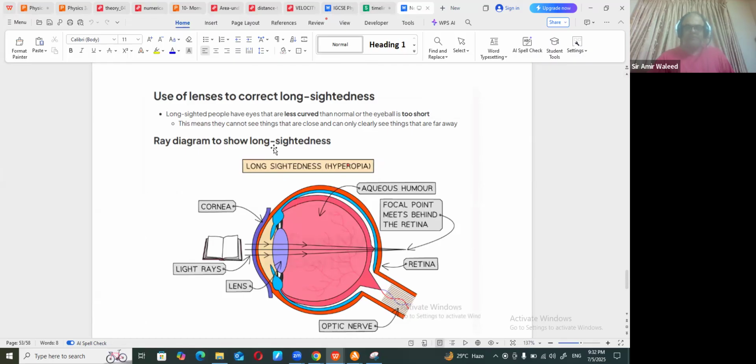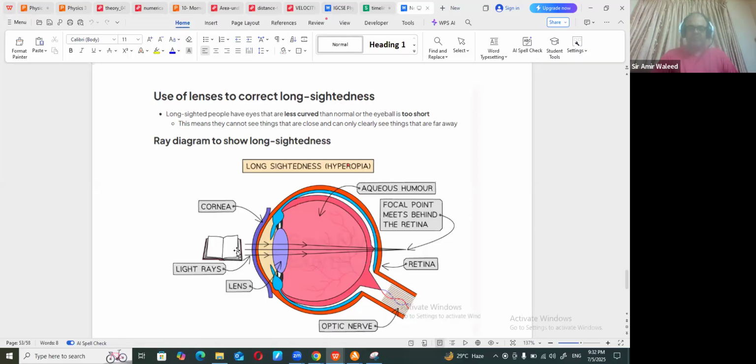People have eyes that are less curved than normal and the eyeball is too short. This means they cannot see things that are close. So long-sighted basically means that they can see things which are far away, but they are unable to see things which are close to them.